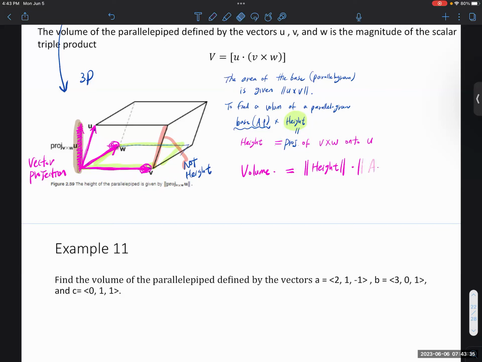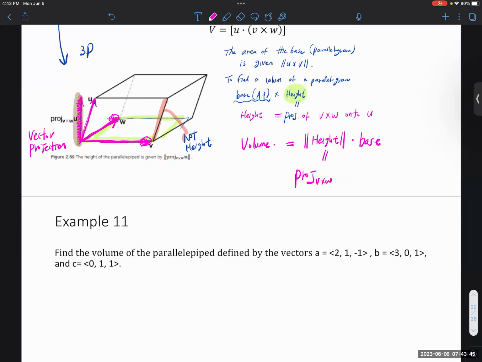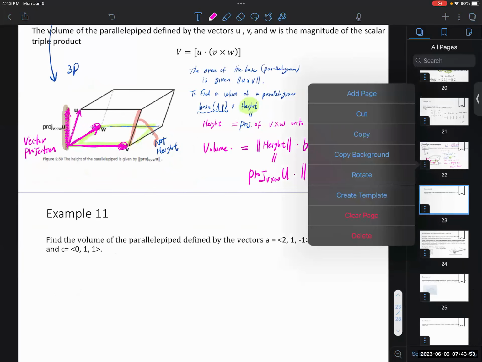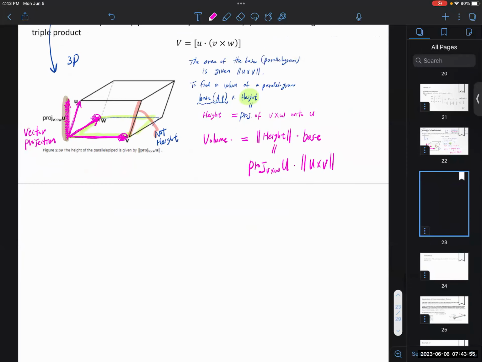We already know the base. So in other words, the height is the projection of V times W onto U, times the base, which is U times V. Am I correct? Let me just keep going. Do you remember the projection?